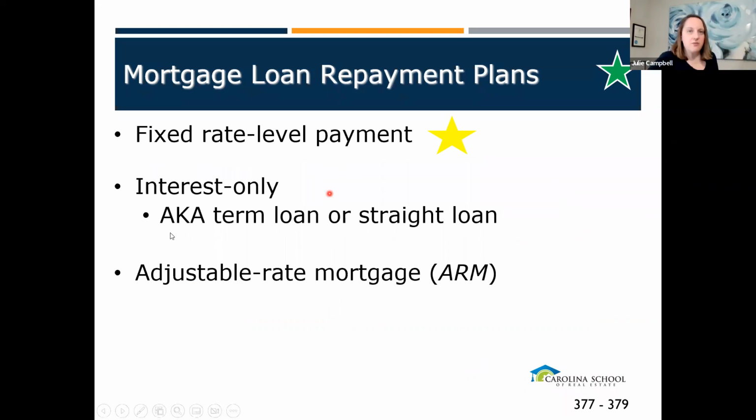When you see, again, with our lender hat on to speak lender speak, when you see rate, they're referring to the interest rate. So the fixed rate means once your interest rate is set, it's locked in. It's the same interest rate you have for the life of the loan, because remember, your debt service is the same for the life of the loan. So the most common thing we see is our fixed rate level payment, and that's our amortized loan.